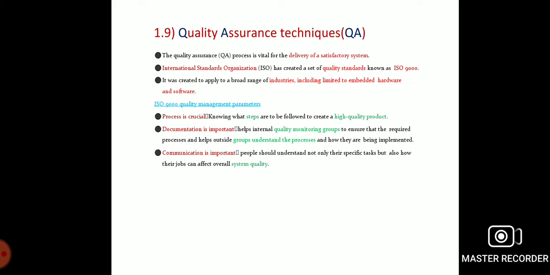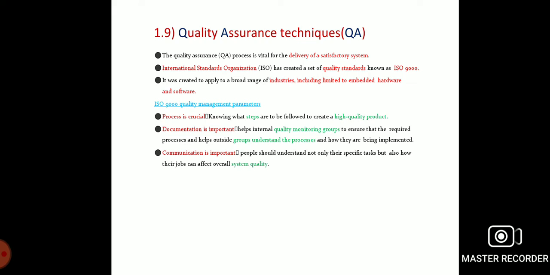The International Standards Organization, ISO, has created a set of quality standards known as the ISO 9000 standard. It was created to apply to a broad range of industries, not limited to embedded hardware and software. The ISO 9000 quality management process.